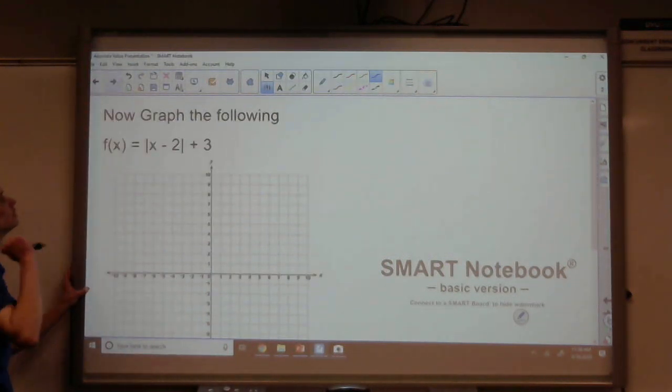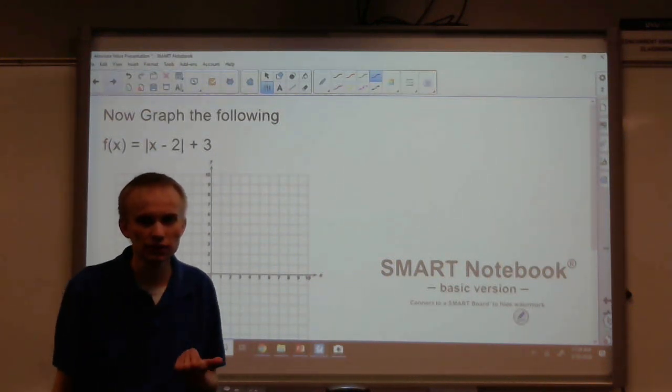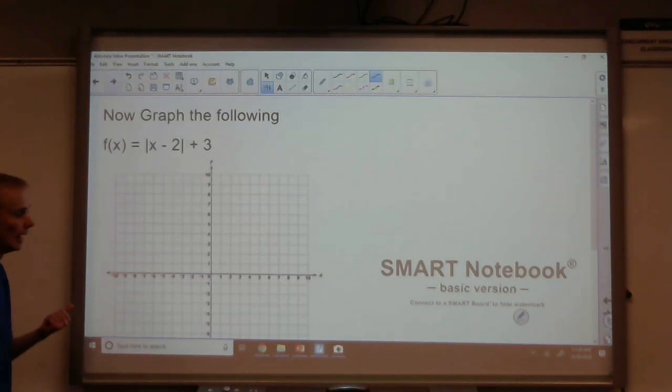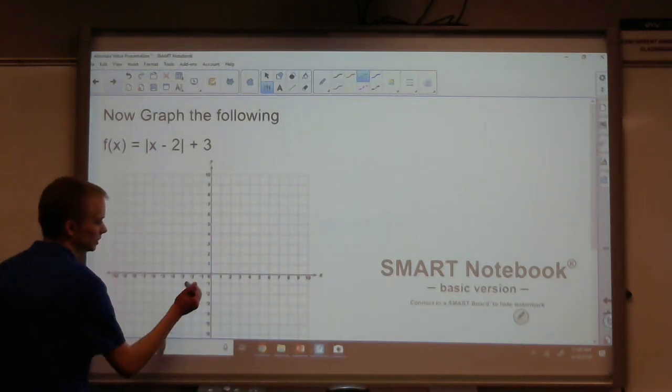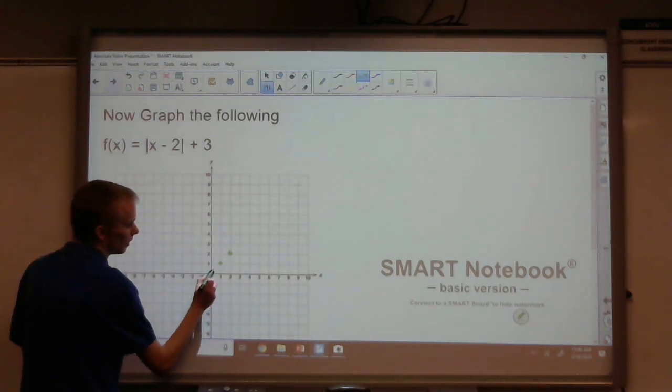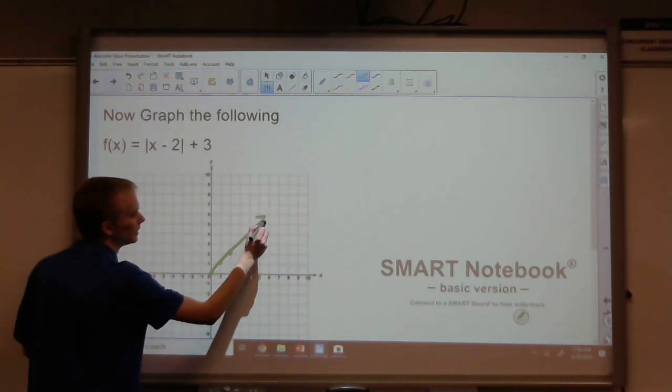Okay, so now that we have that graph of the basic absolute value function, right? It's a V shape. So let's just sketch it. It goes over 1, up 1, over 1, up 1 on this side, so it looks like this.